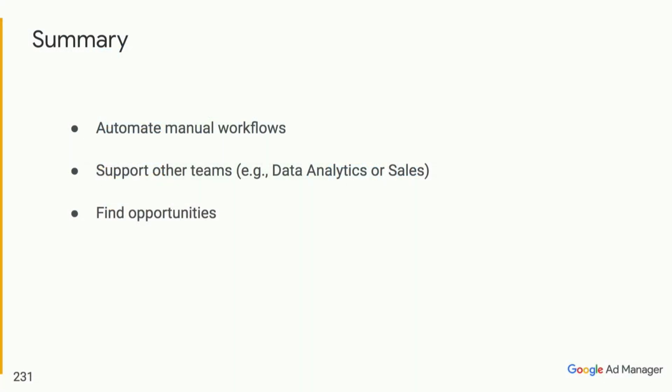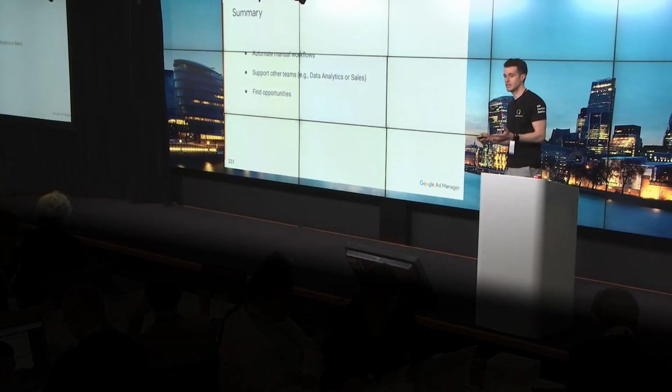To echo what Alex said in the keynote, the API is really meant to save you time and automate manual workflows. Another great thing about the API is you can actually support other teams within your business, whether you have a data analytics team and you're maintaining a data warehouse for them, or you have a sales team and they need new ways to package inventory. And then it really all comes down to finding opportunities, adapting these use cases to your own business, and using the API.